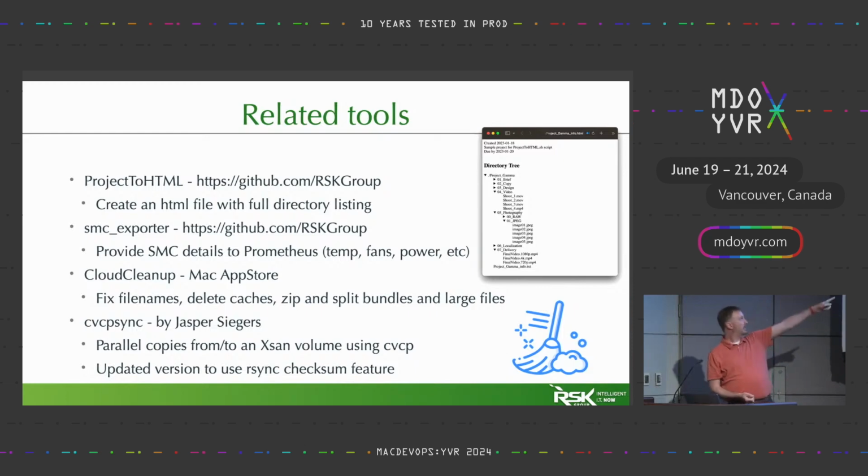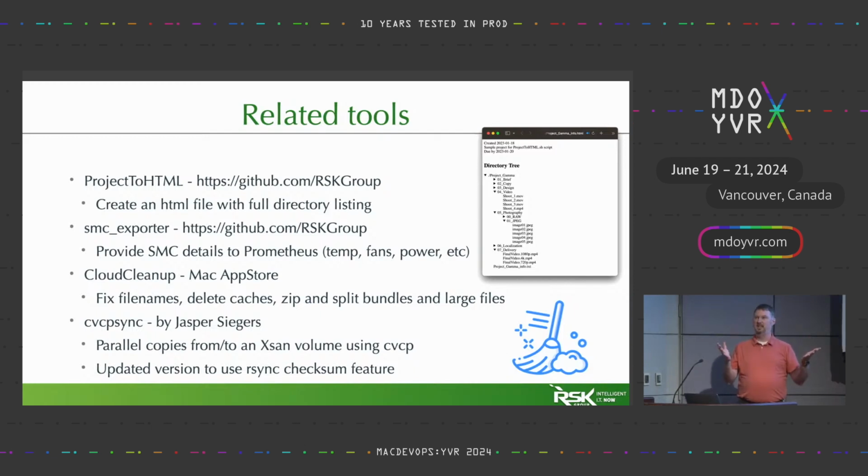And then I do want to, again, call out CVCP Sync by Jasper Seegers. He talked about it a little bit here in 2019, I believe. It's a great little script. It parallelizes the CVCP command, which is the Xsan copy command for talking to and from Xsan volumes, incredibly fast.